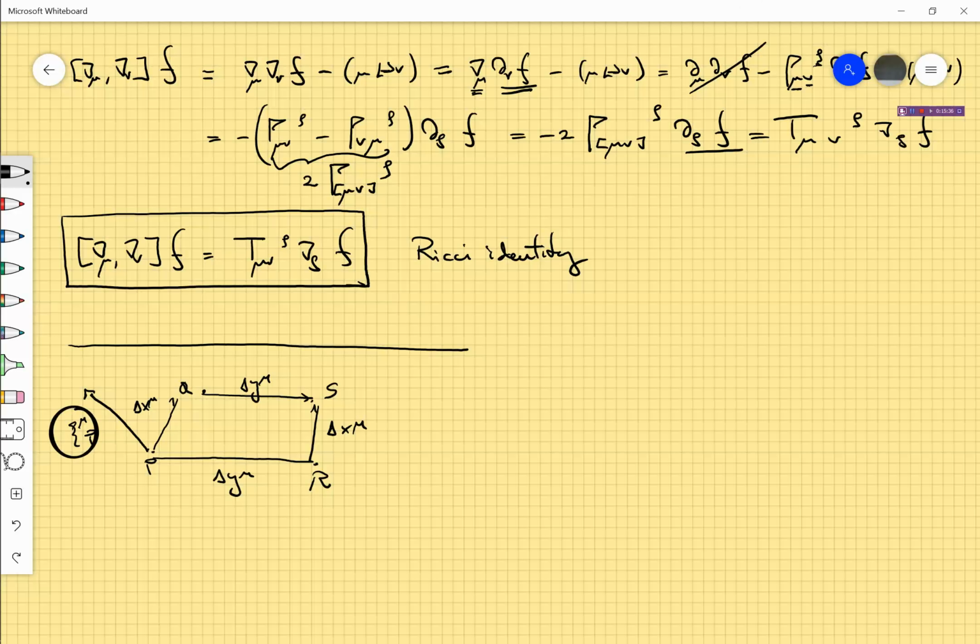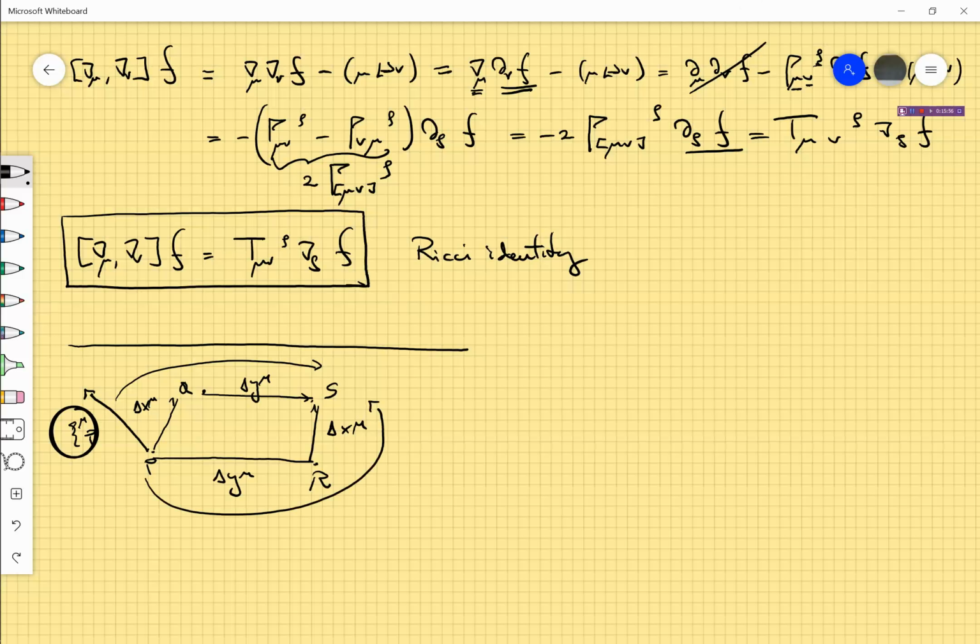A simpler way of addressing this question is, if I just transport it to S, but first I do it along this route that I will call the upper route, and then along this route that I will call the lower route, will I get the same result?